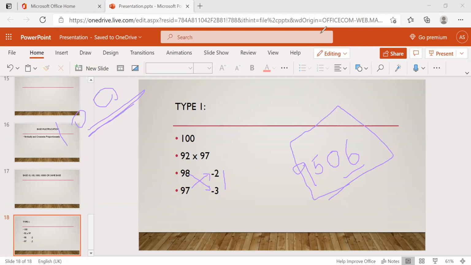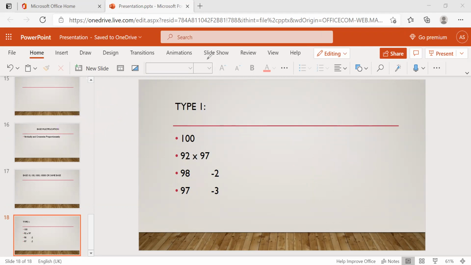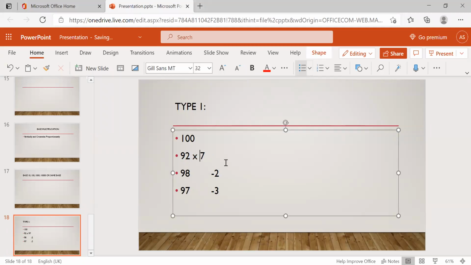Okay, is it clear now? I think you people will be clear on this one. Then we'll see some more examples. Not only 92 and 97, you can take anything. 87 also, or 86 you can say. 86. Okay.